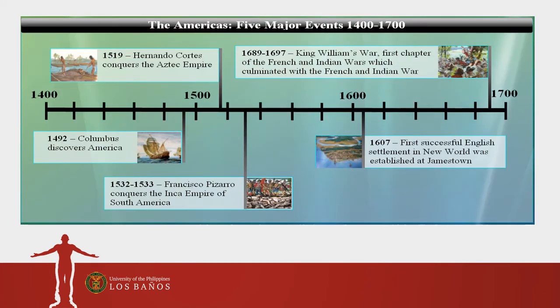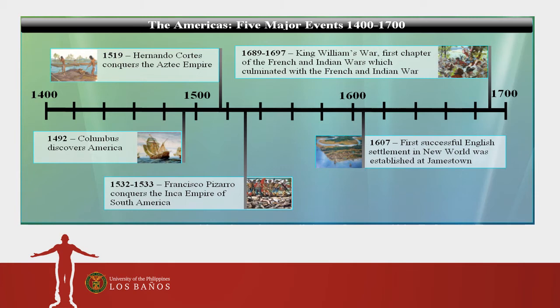The Americas was one of the regions that were colonized by the Europeans. In 1492, the Italian explorer and navigator Christopher Columbus discovered America. In 1519, the Spanish conquistador Hernando Cortés conquered the Aztec Empire. Let's not forget the Portuguese Ferdinand Magellan came to the Philippines in 1521.